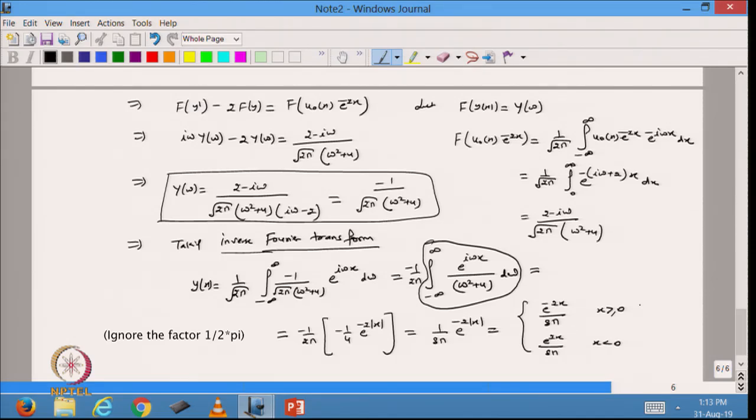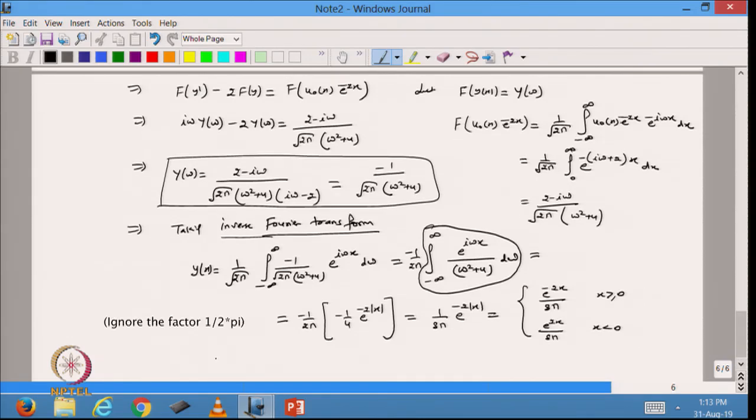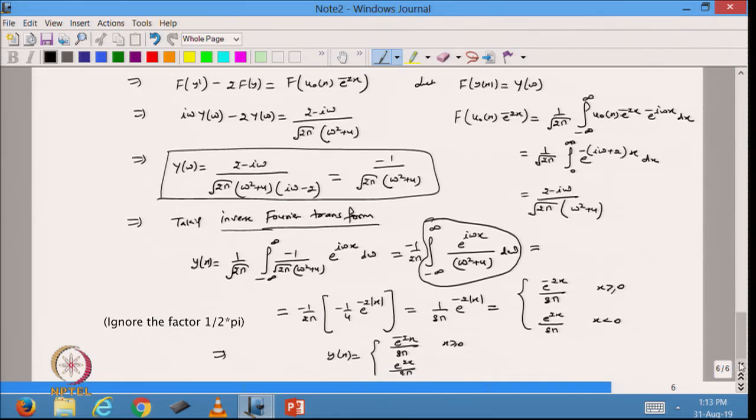So, that is the solution for the equation. So, from here I get the solution y of x.